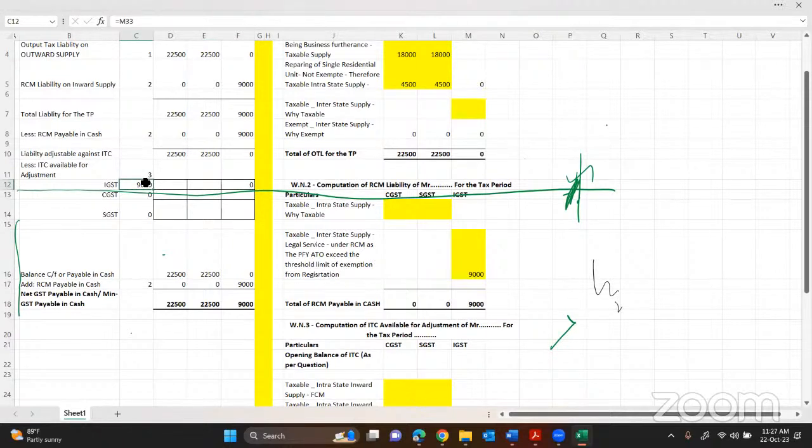My dear, this 9,000 can be worked on in any permutation combination. Since we have more liability, please understand, this can be 9,000 here, 0 here. Or it can be 9,000 here, 0 here. Or it can be any figure, 4,500 here, 4,500 here.